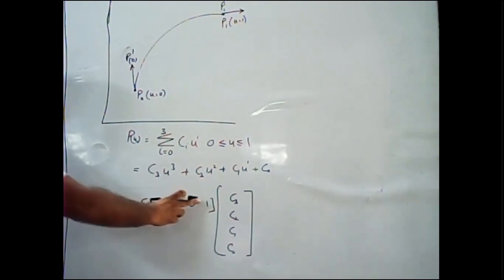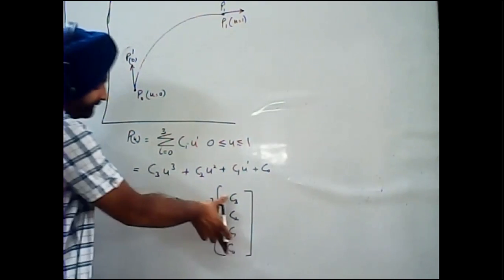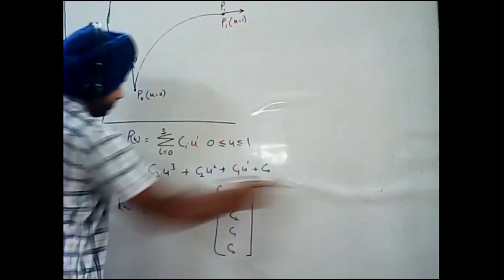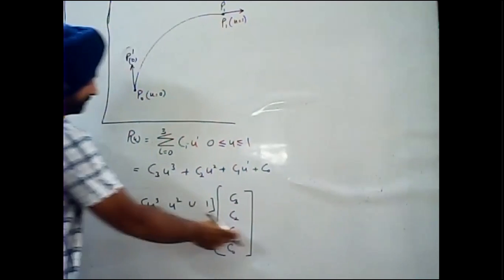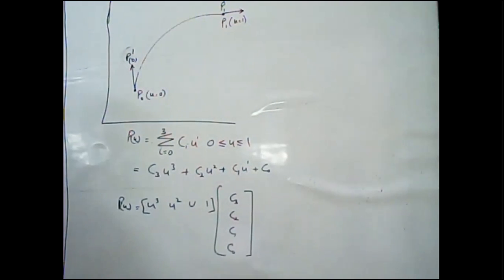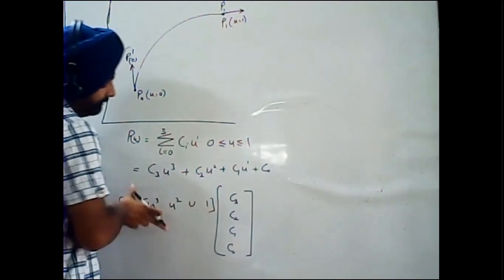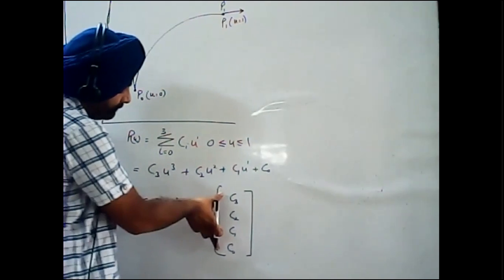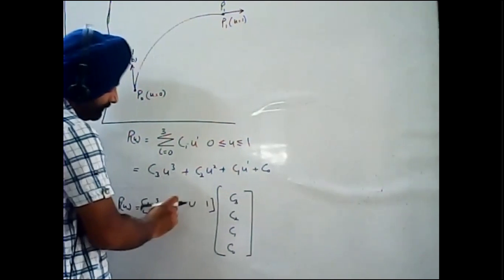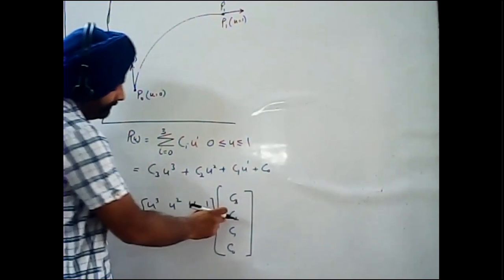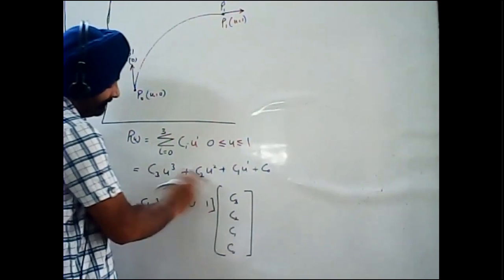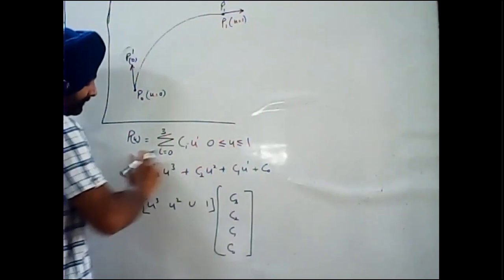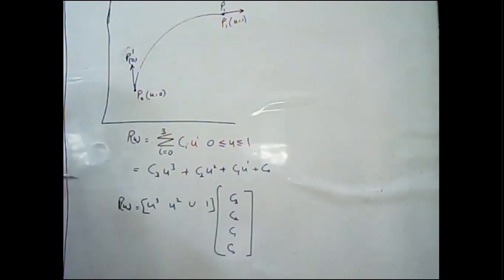You multiply the row horizontally with the column. So u^3 will be multiplied by C3, u^2 by C2, u by C1, and 1 by C0. The equation will be the same again. This equation is written in the form of a matrix, right?